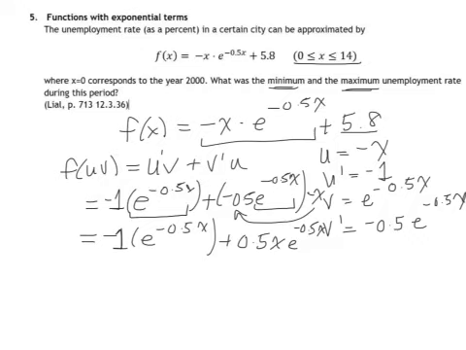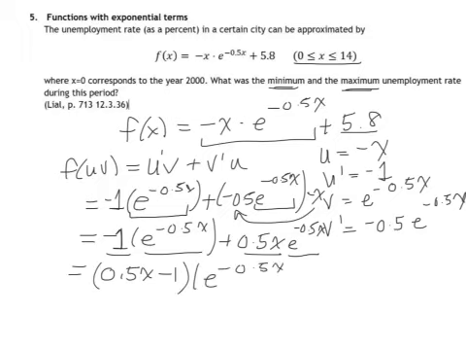Now we can see that we have e to the negative 0.5x in common, so we could take that out as a factor, and that would leave us with 0.5x minus 1, times e to the negative 0.5x.